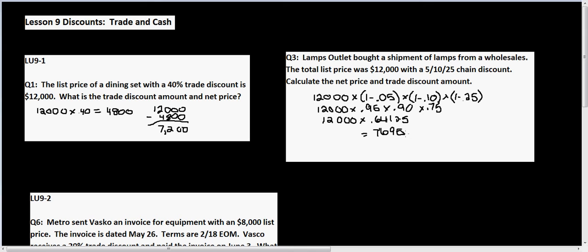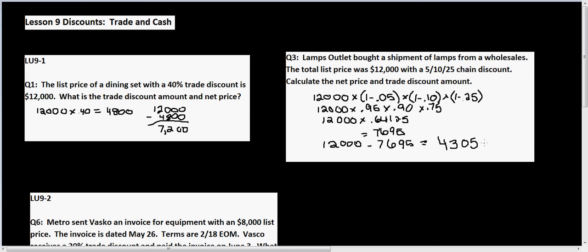That's your net price, not the discount, the net price. So how much is the discount then? Well, the discount is 12,000 subtract your net price of $7,695, which equals $4,305.